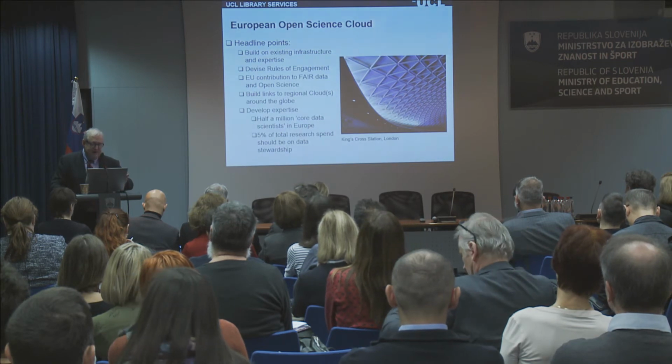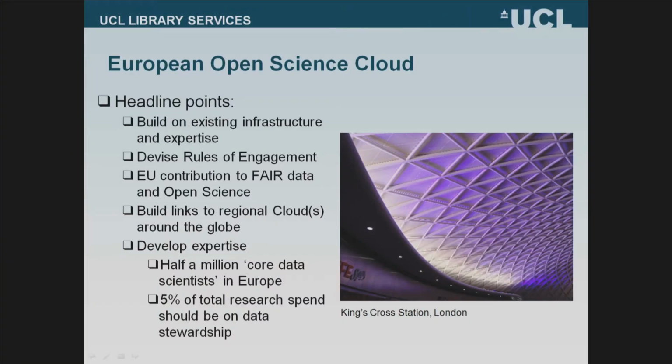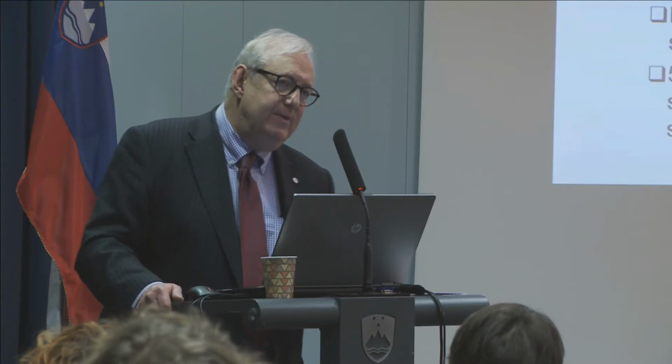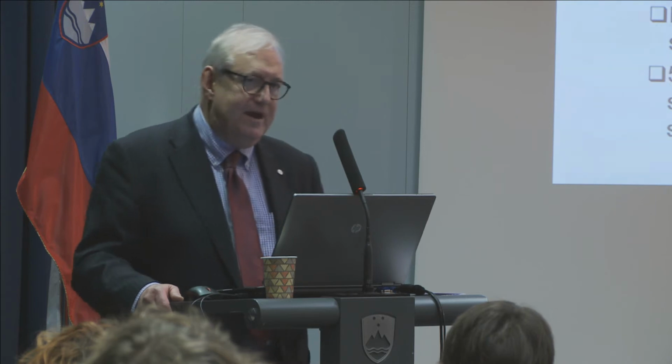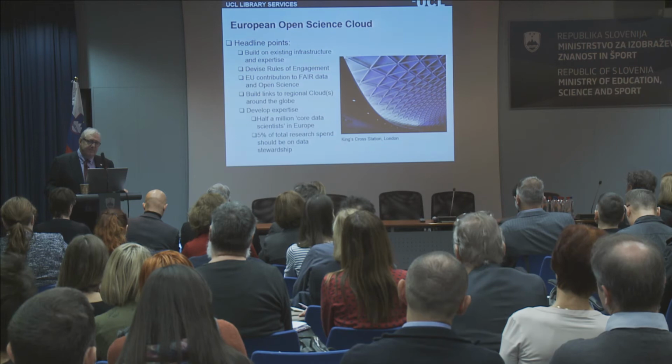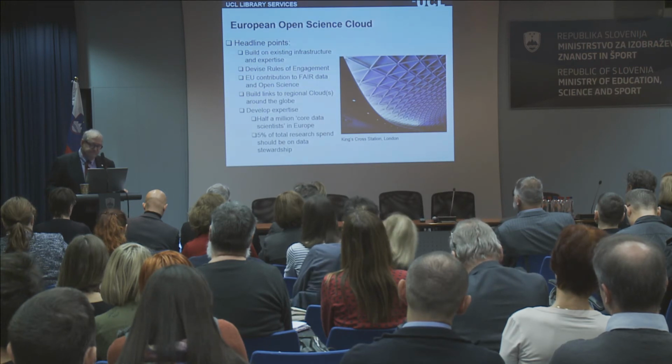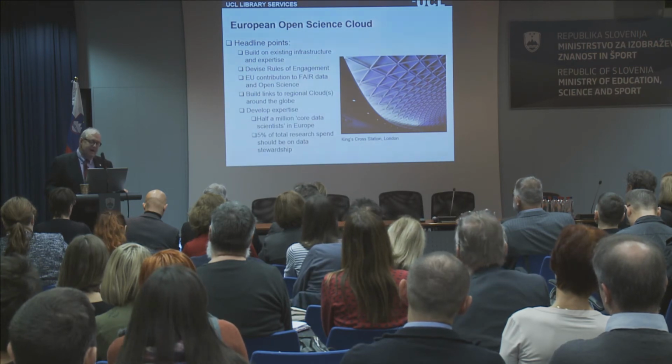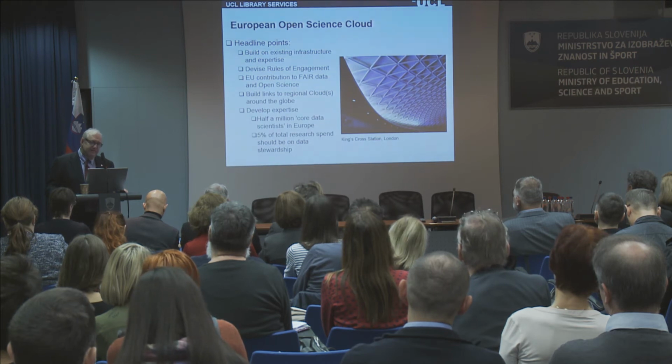So the 4th bullet down, EU contribution to FAIR data and open science. So what does that mean? What did we mean when we talk about FAIR data? So what we mean is that we defined what the characteristics of research data in an open environment should look like. And this is the meaning of FAIR data, because FAIR data is findable, accessible, interoperable, and reusable.